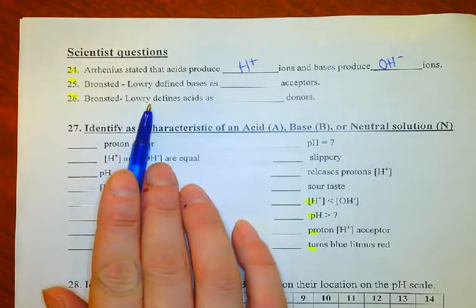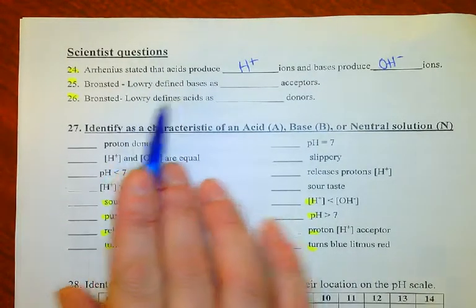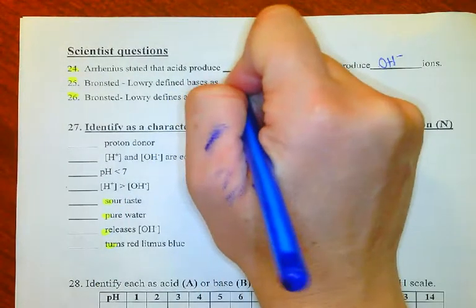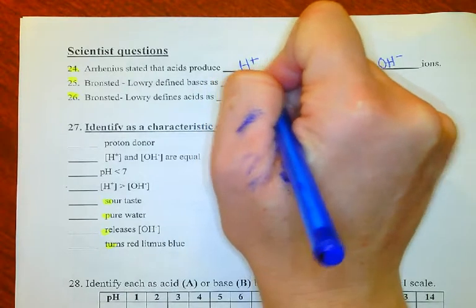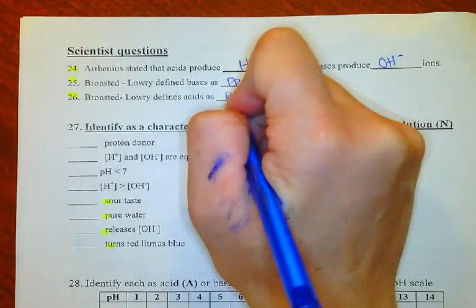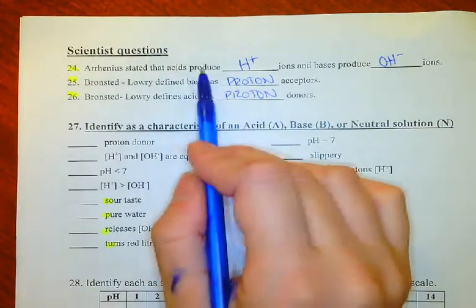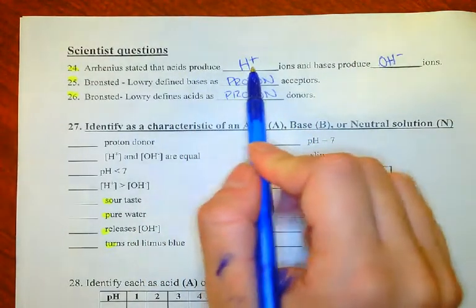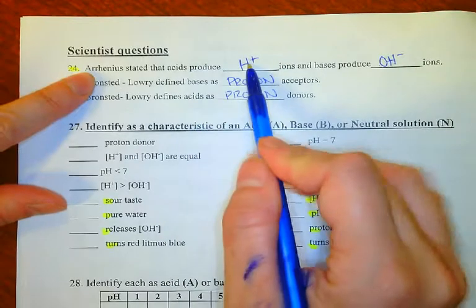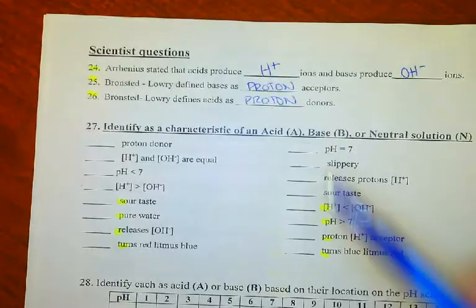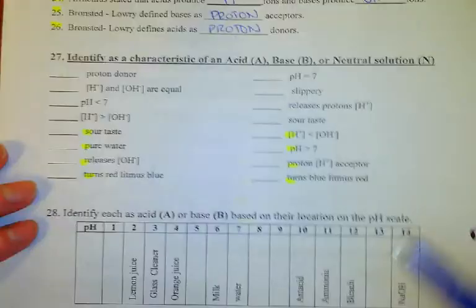So Bronsted-Lowry is less specific, I suppose. It defines bases as proton acceptors, and acids are anything that donate protons, so proton donors. Okay, just like here, acids produce H+, that is a proton. So Arrhenius says acids make H+, Bronsted-Lowry says acids make protons. It's the same thing.